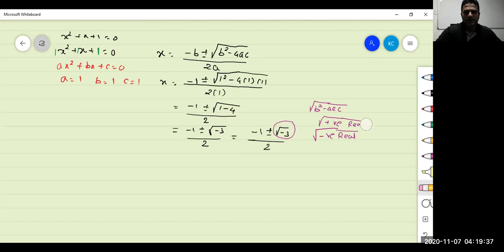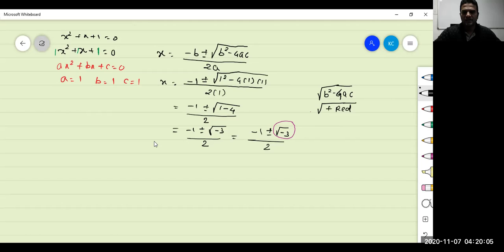I will explain this part again. B square minus 4ac, up till now, up to the 10th, we have seen that it was positive. So root of b square minus 4ac is always root of a positive real number.